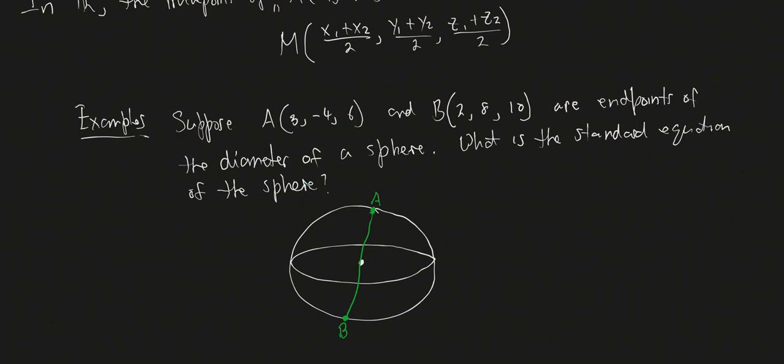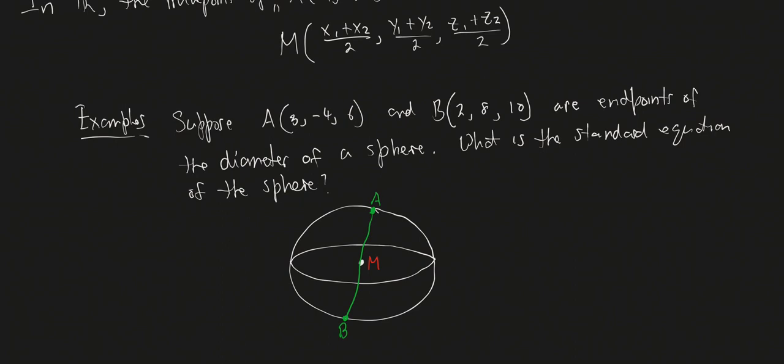Well, to define a sphere, we need two things. We need its center and we need its radius, right? Well, again, because of how the diameter is defined, if I were to compute the midpoint of the line segment AB, that would give me my M, my midpoint, right?